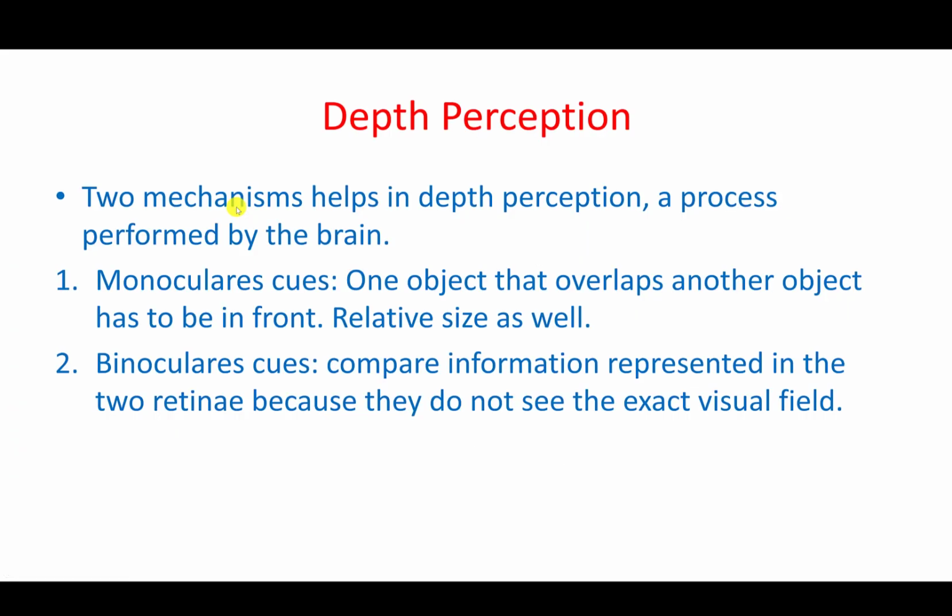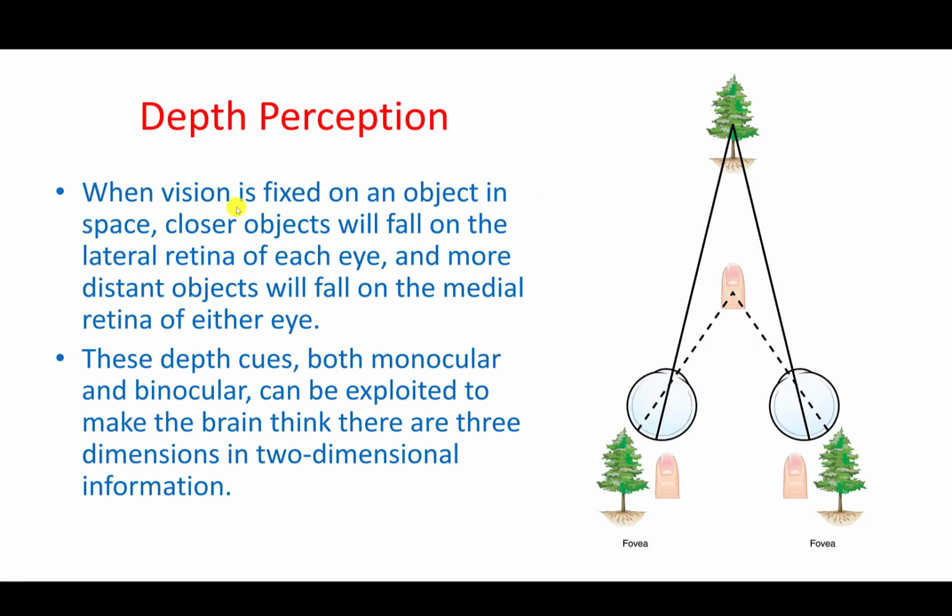The last few things in this video are about depth perception. This is how we understand depth. This is an act of mainly the brain and the signals coming from each eye. So the brain will understand size relative to a known object.